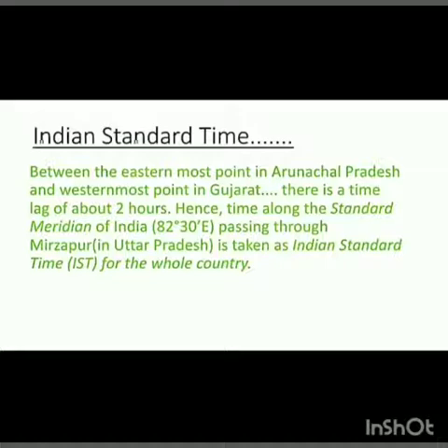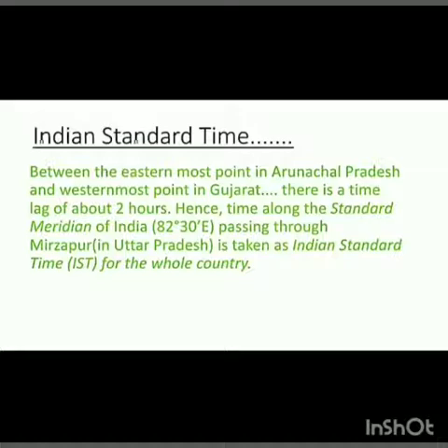Now I am explaining once again in short. Because India is located at a longitudinal stretch of 30 degrees, therefore between the easternmost point in Arunachal Pradesh and the westernmost point in Gujarat, there is a time lag of about 2 hours.